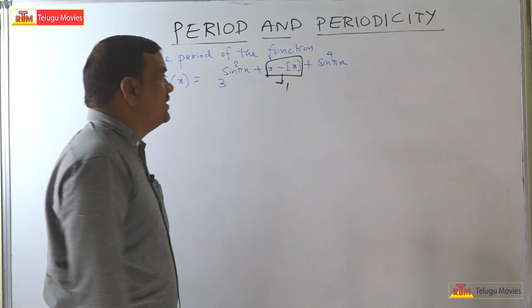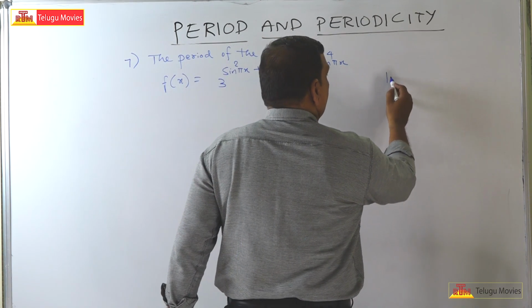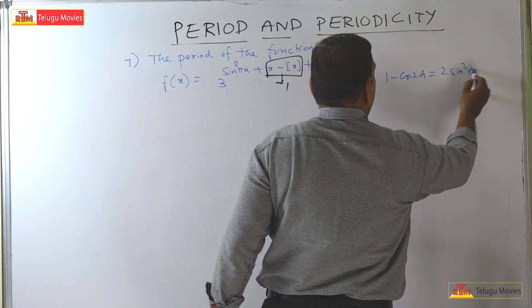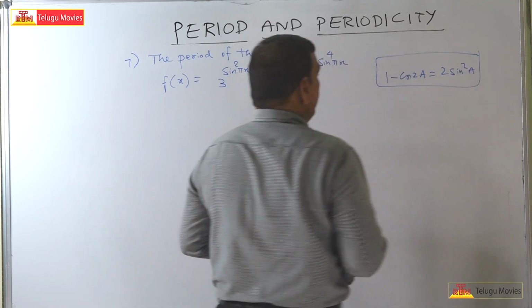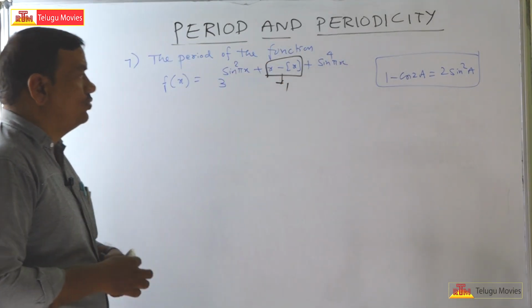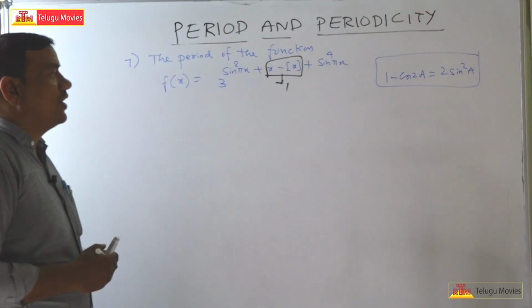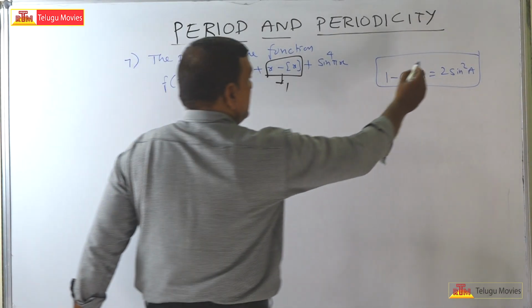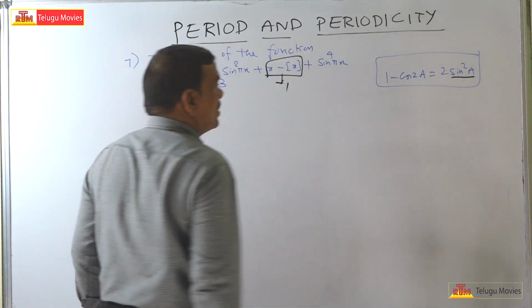We know that 1 minus cos 2a is equal to 2 sine square a. This is a formula in trigonometry. So cos 2a is equal to 1 minus 2 sine square a, and therefore sine square a is equal to (1 minus cos 2a) by 2.